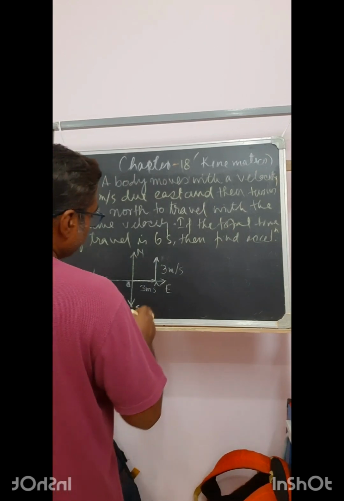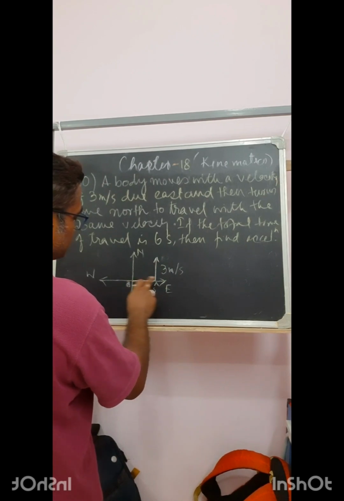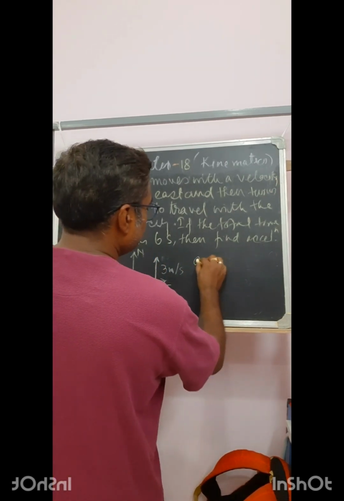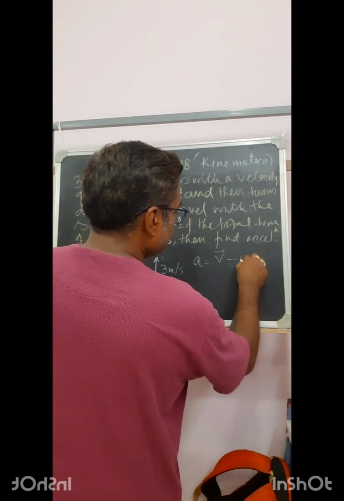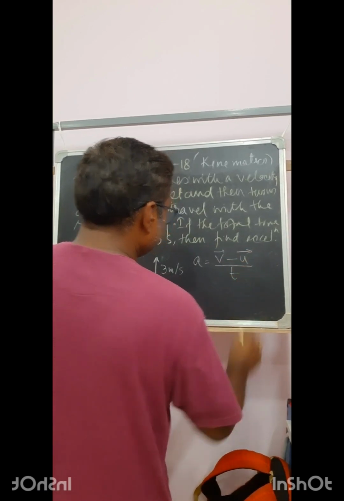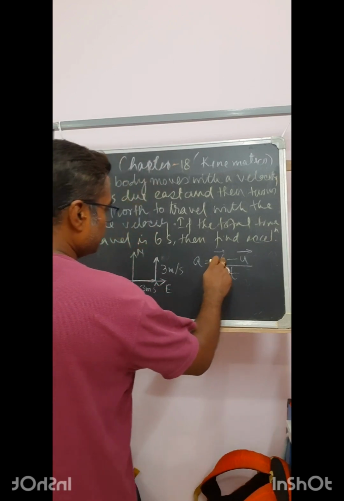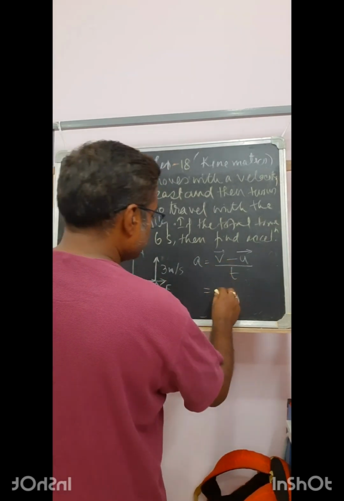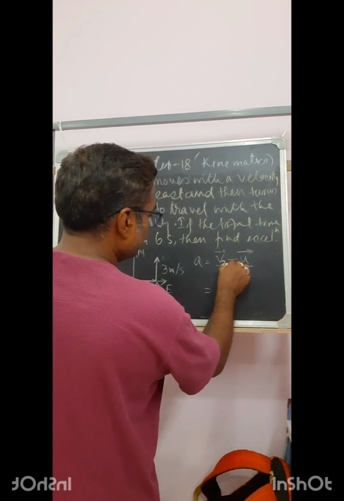As you can see, these vectors are going eastwise first, then northwise. So what is acceleration? Acceleration is the change of velocity, that means final velocity minus initial velocity upon time, isn't it? So I am taking v2 minus v1.